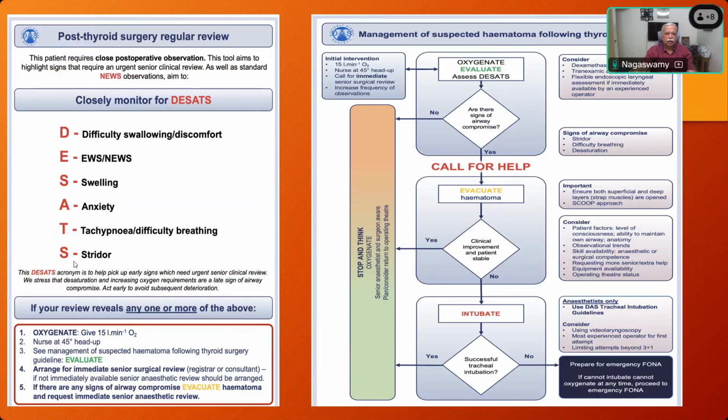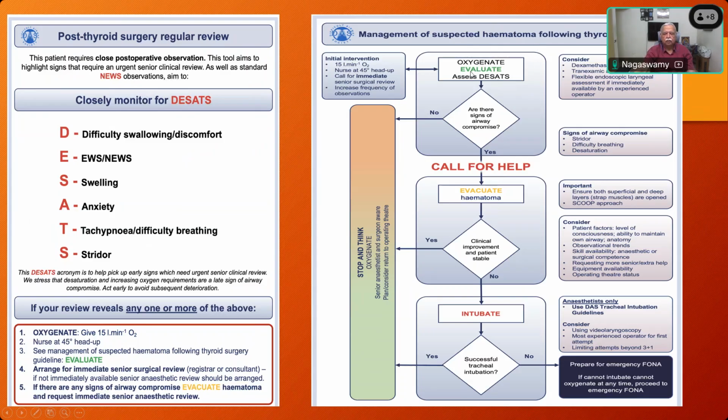And these are some of the newer things that have come up in the guidelines. Post-thyroidectomy, there is DSATS: difficulty in swallowing or discomfort after surgery, and early warning signs: swelling, anxiety, tachypnea, difficulty in breathing, or stridor. All these things are observed post-operatively so that you can immediately manage them, and they are due to suspected hematoma following thyroid surgery.